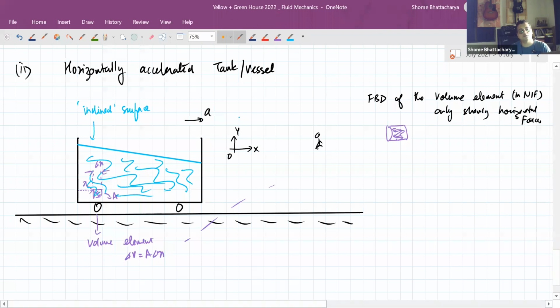So in this non-inertial frame of the tank, which is accelerated like this, this will experience a pseudo force in this direction. And that will have to be compensated for by a pressure difference now.